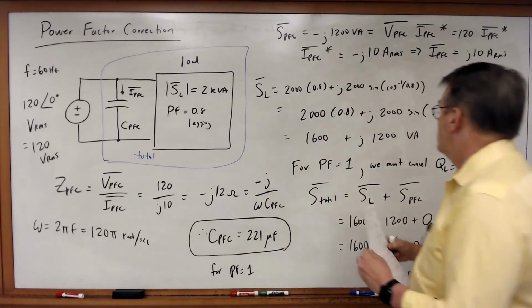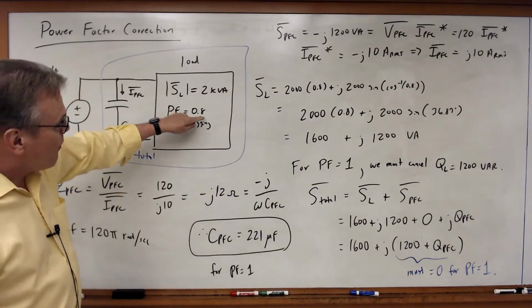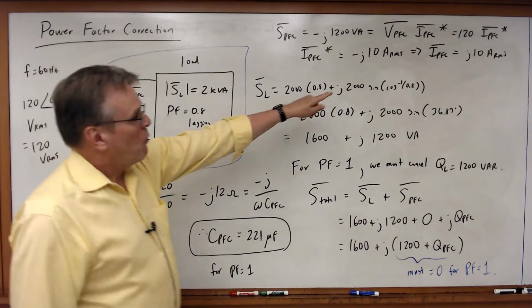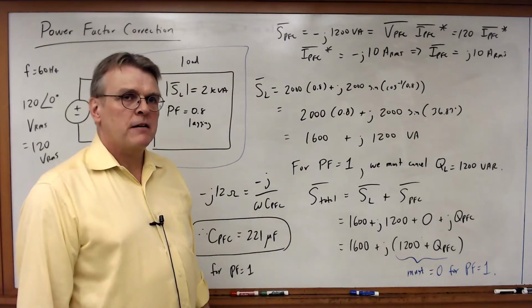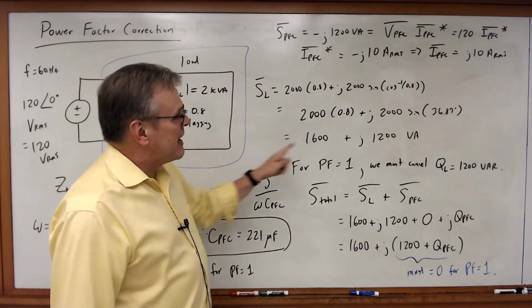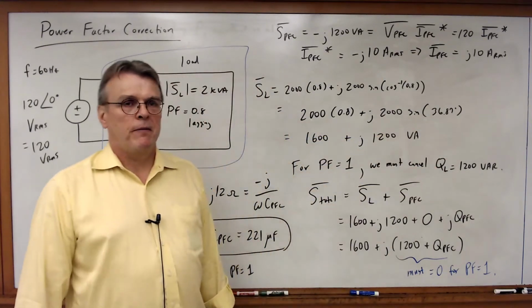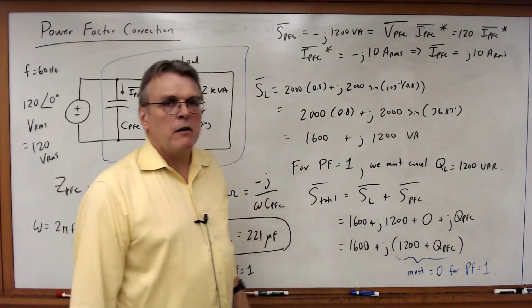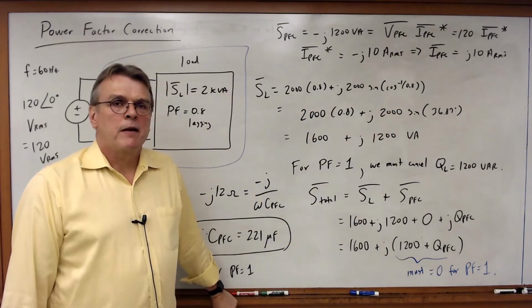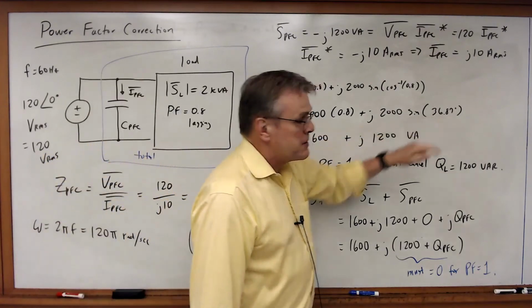Now, I just wanted to point something out here. I knew my power factor was 0.8 lagging. When I took the arc cosine of 0.8, because it was lagging, I knew that the phase angle had to be positive. If I take the arc cosine, I can get either positive or negative 36.87 degrees. But because I was told it was a lagging inductive load, I know it had to be a positive value.